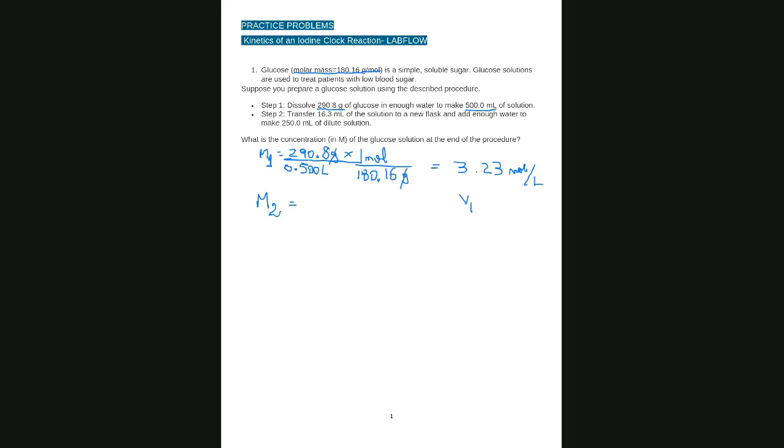V1 M1 equals V2 M2, right? But we are looking for M2. So if we divide both by V2, M2 is going to be volume 1 times molarity 1, divided by volume 2.